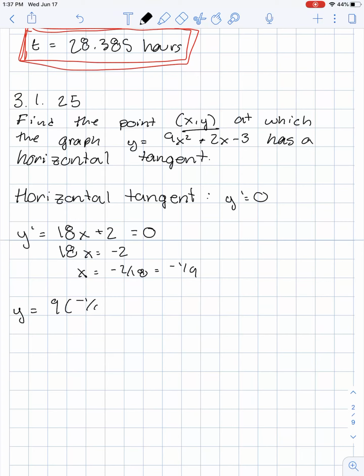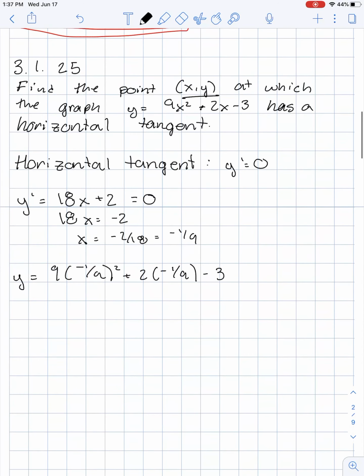And I will get 9 times negative 1/9 squared, plus 2 times negative 1/9, minus 3. So then we can simplify, so this is going to be 9 times 1 over 81. So 9 divided by 81 minus 2/9 minus, and let's make 3 something over 9.